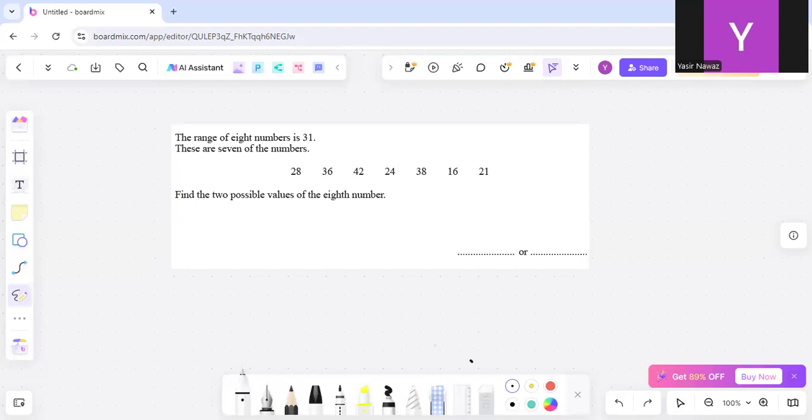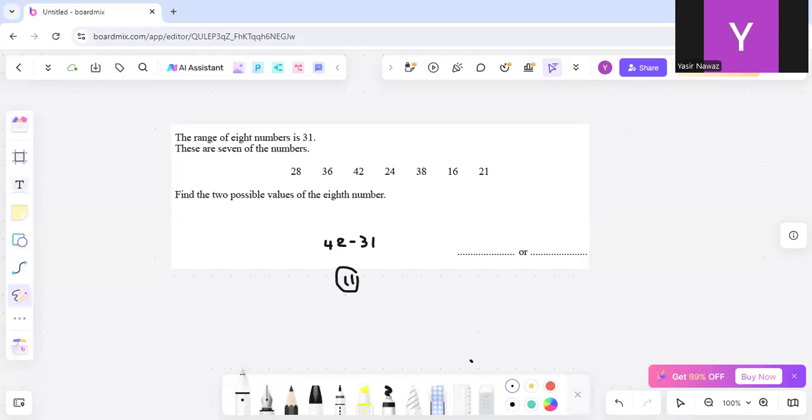And what would be the, so if I subtract 31, if I subtract 31, so it would be 11.